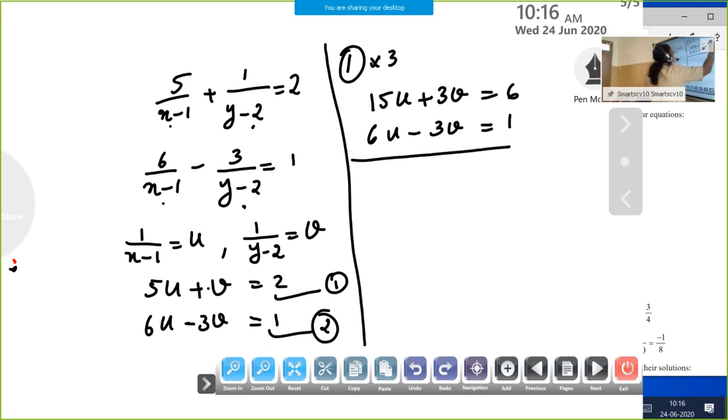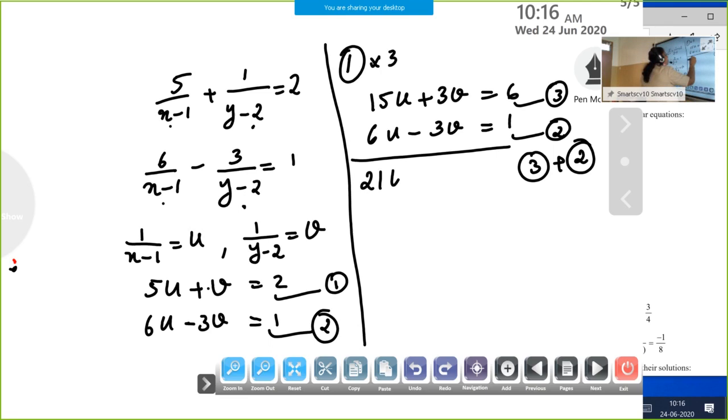So this is equation number 3, and this is equation number 2 itself. Add 3 plus 2. 15u plus 6u is equal to 21u.